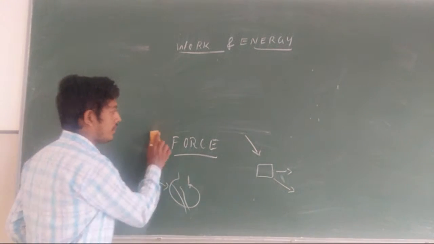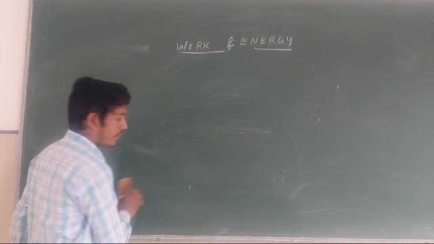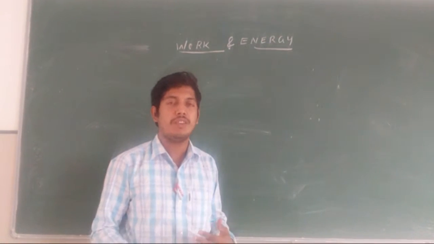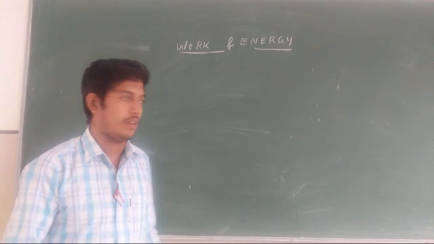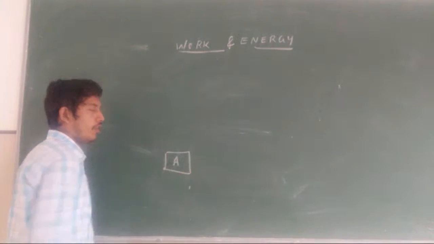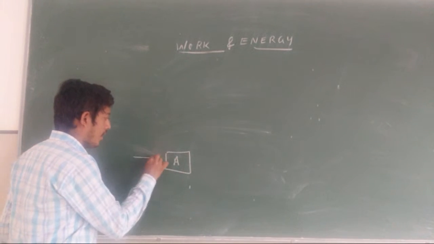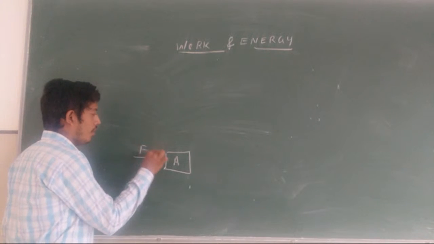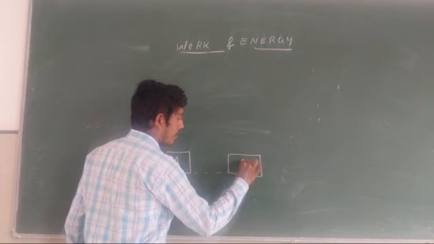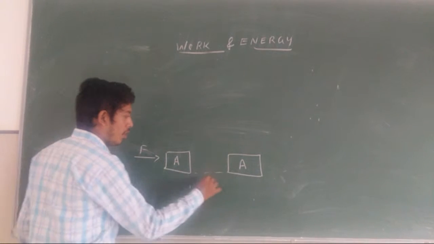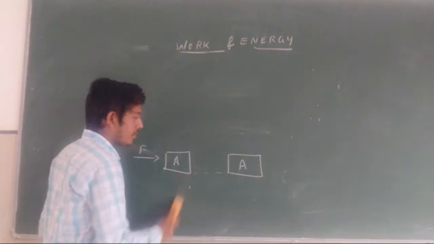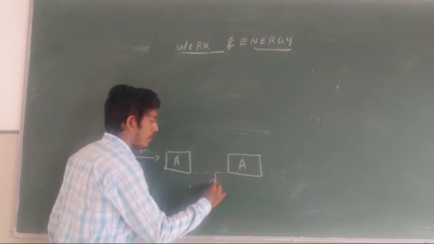If we consider an object and apply force on it, it displaces. That means it changes its position from one point to another. For example, the object A is present here, and if I apply force on this object, it will be displaced. I will call this distance S, or we can consider small letter s, or small letter d.